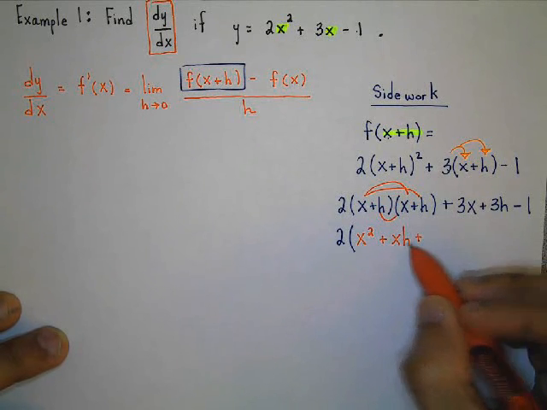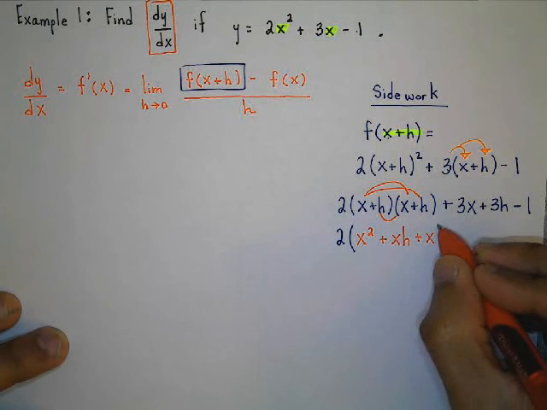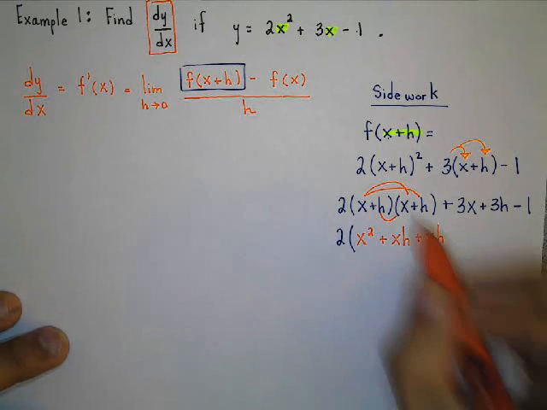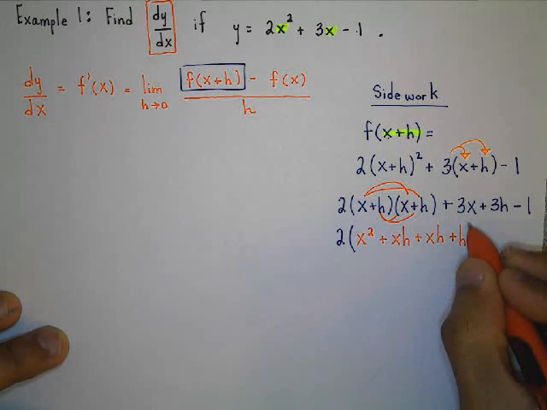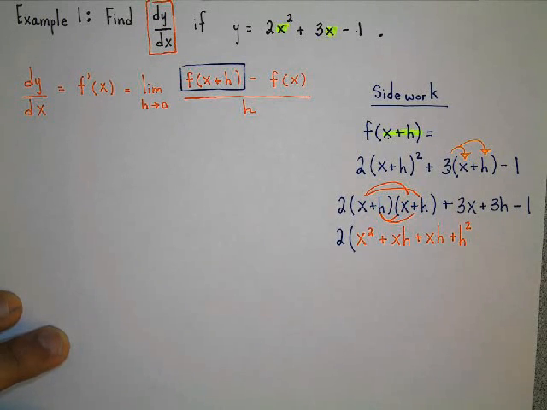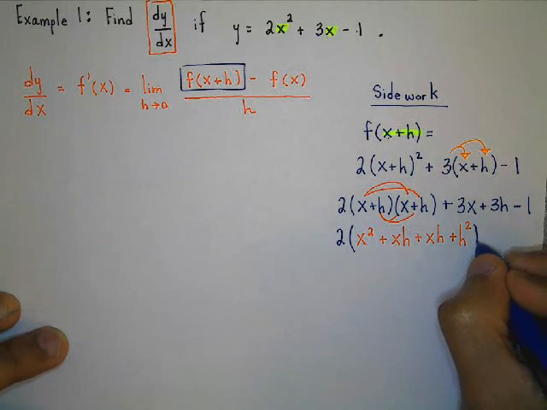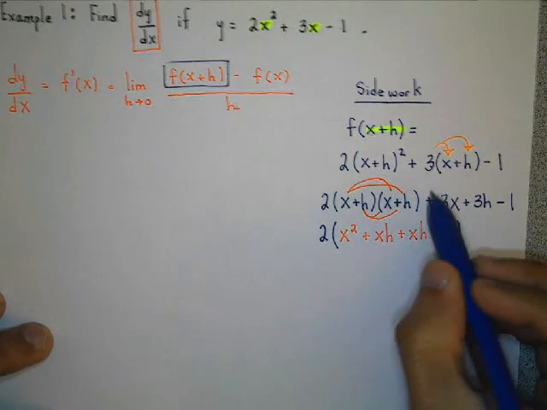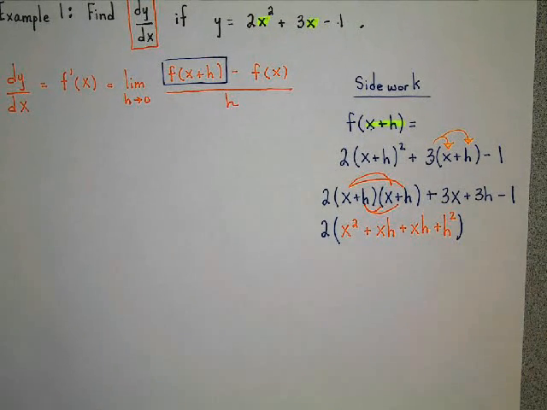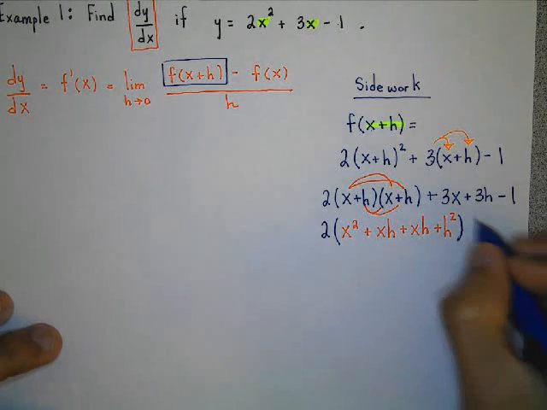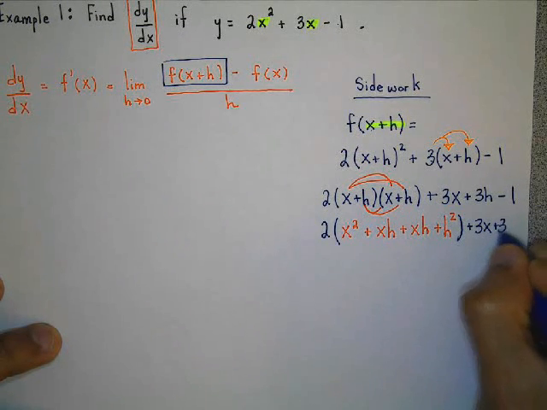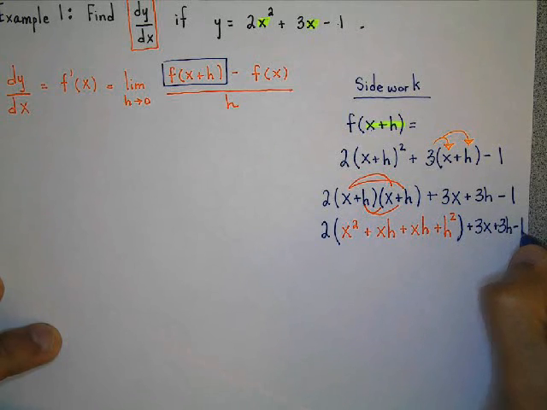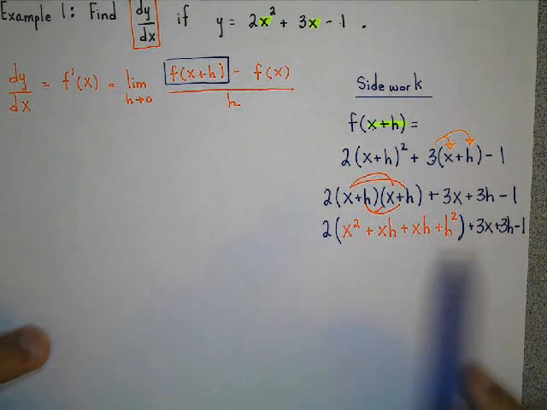However, since I've already written xh, I'm going to write xh again, keeping it the same order. And then we have h times h, which is h squared. Okay, so that's that inside part. I'm going to close the parentheses. Now I'm going to drop down all this other stuff here, this 3x plus 3h minus 1. So we're going to have plus 3x plus 3h minus 1.